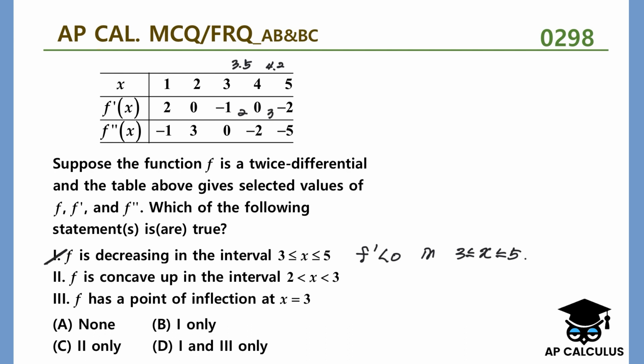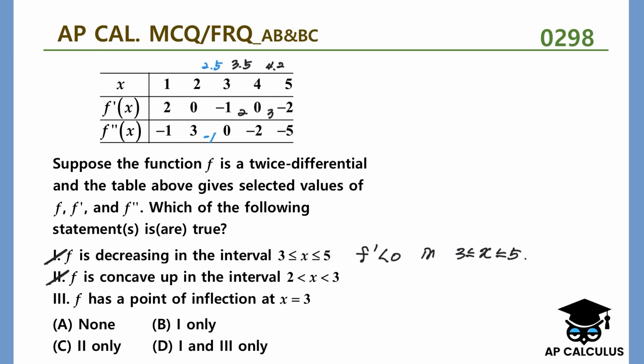Let's say when x is 2.5, we could have a negative f double prime. Let's say -1, right? Then f is not concave up at this point, right? So we don't know what values we have between 2 and 3. So we cannot conclude that f is always concave up in this interval. Does that make sense? So this one is not true.